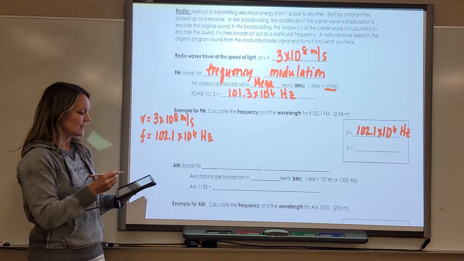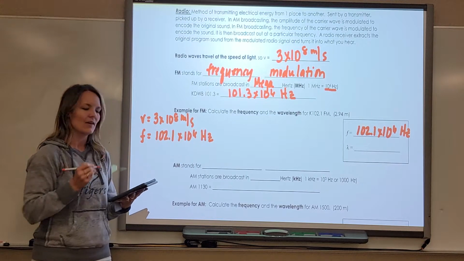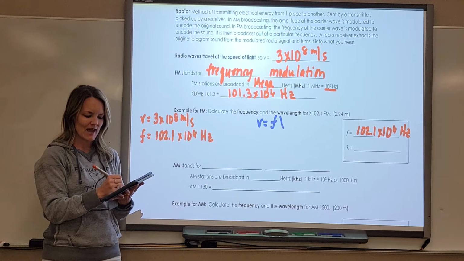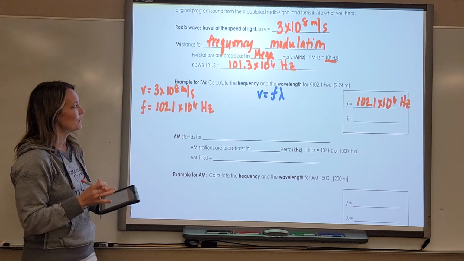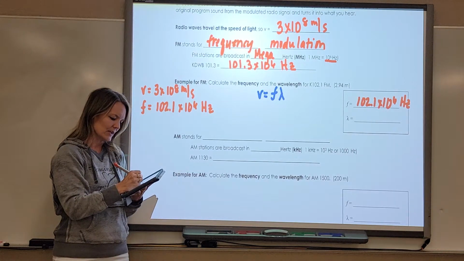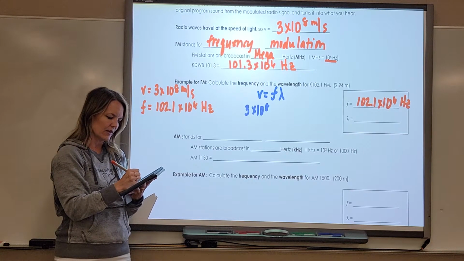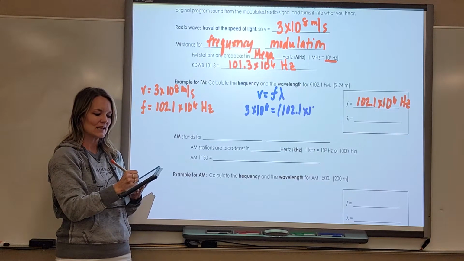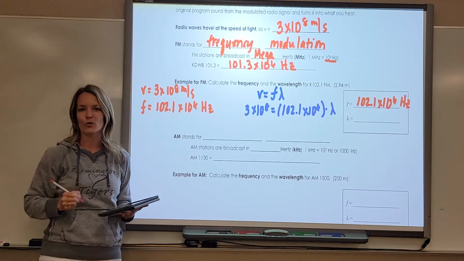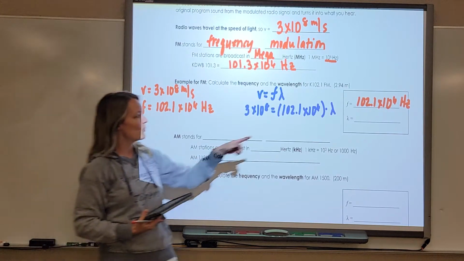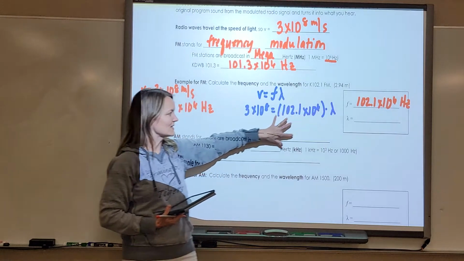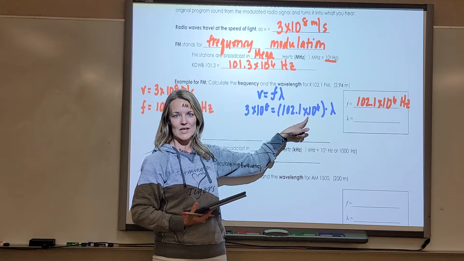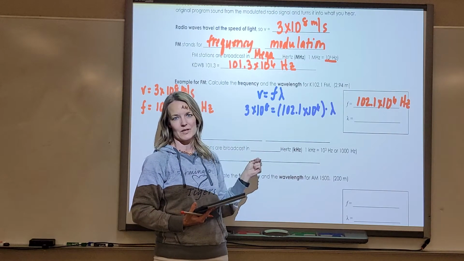To calculate the wavelength, we use our old wave equation: v equals frequency times wavelength. We now just plug things in. v is 3 times 10 to the 8th, equal to the frequency, 102.1 times 10 to the 6th, you can't leave that out, times the wavelength. We want the wavelength alone, which means this has to divide under. When you divide by something with exponents, you have to put it in parentheses.